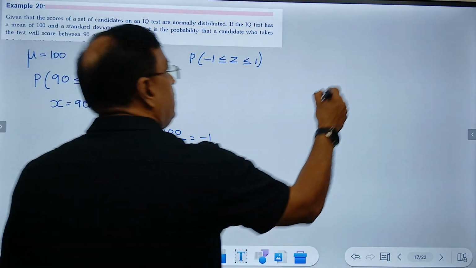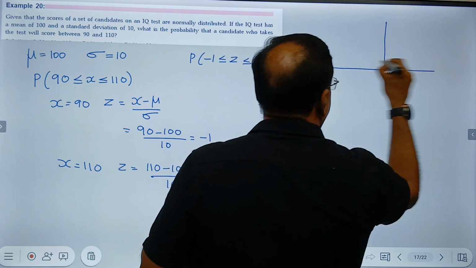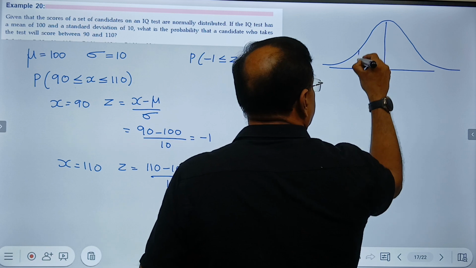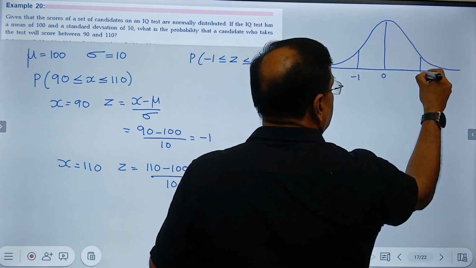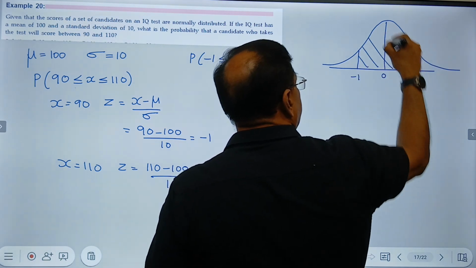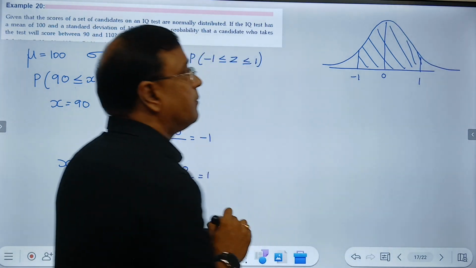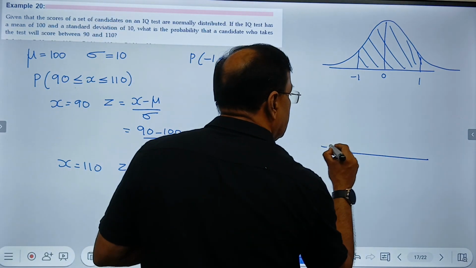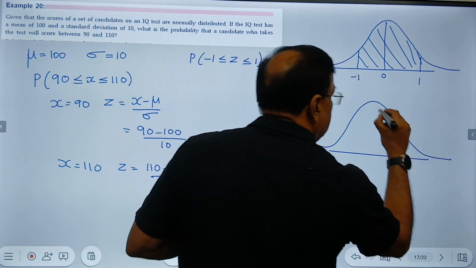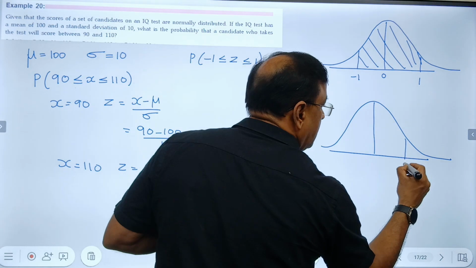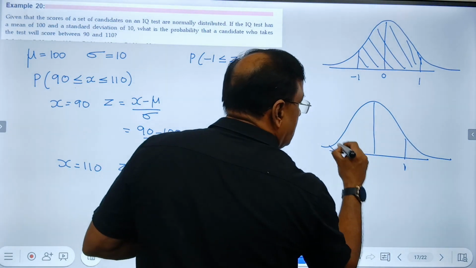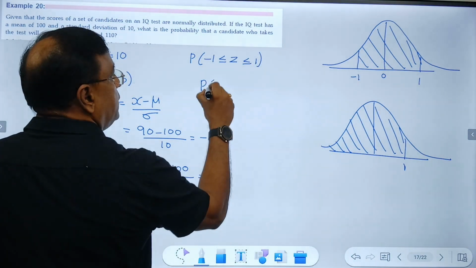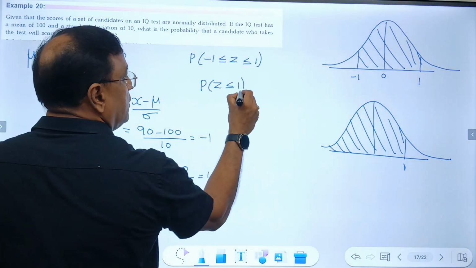Okay. Now if I have to represent this on a diagram, this is where you have 0. So this is minus 1 to plus 1. So this is the area I need to find. So in order to do that, first I will find the area less than 1. I find this full area, that is P of Z less than or equal to 1.